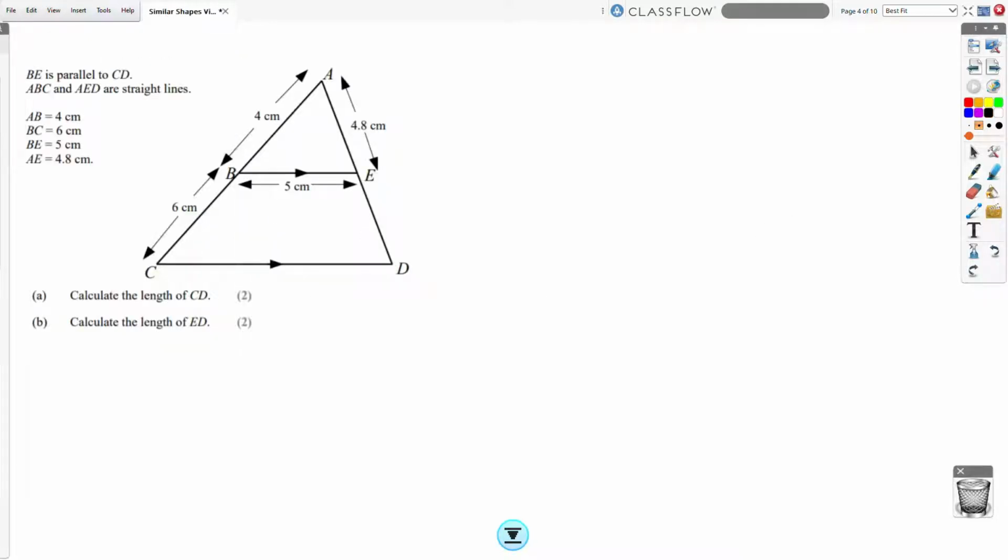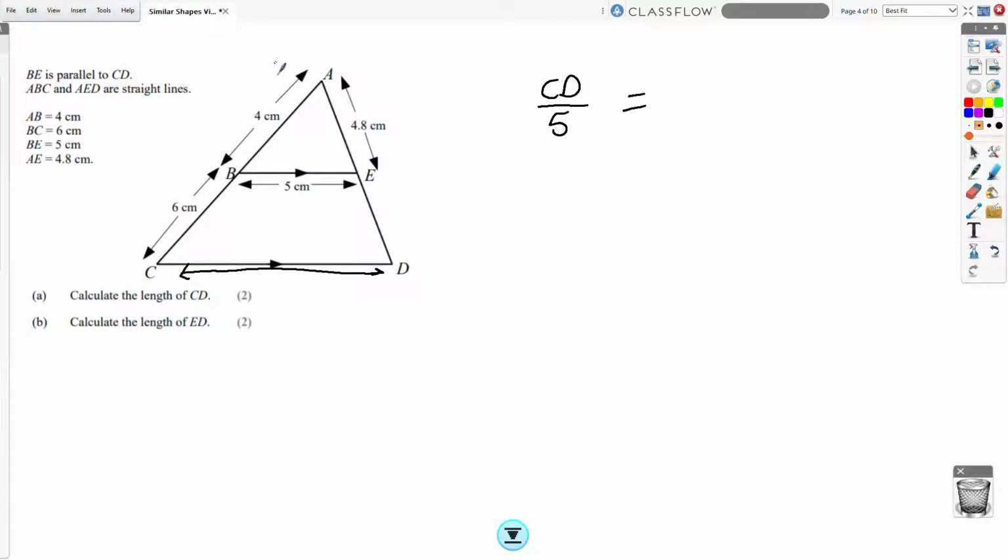Now, for this next example, we're going to look at a different way to solve this, which is using proportional ratios. First we need to calculate the length of CD. CD is the base of the larger triangle on the outside, and 5 is the base of the smaller triangle. So CD divided by 5 is going to be the exact same as any of the other two lengths when you divide the bigger one by the smaller one.